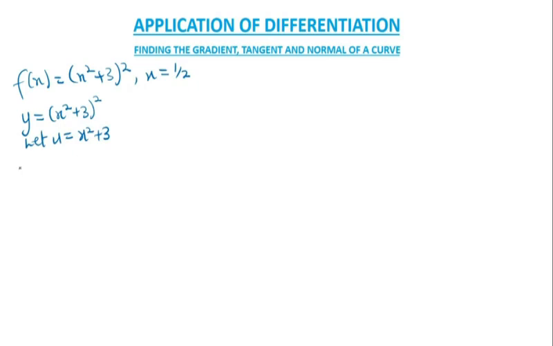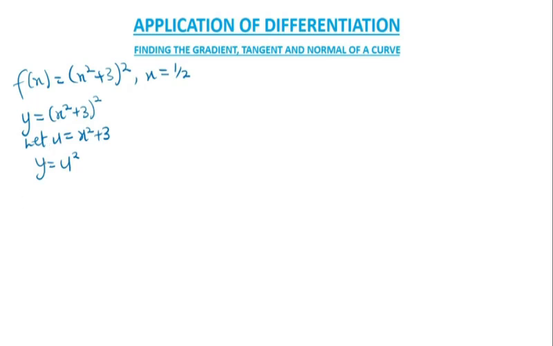Now from here we can say y is equal to u squared, because we say let u be what is in the bracket over here. So if we say y is equal to u squared, that makes sense. So we go ahead and differentiate this equation and this before we can get our derivative.